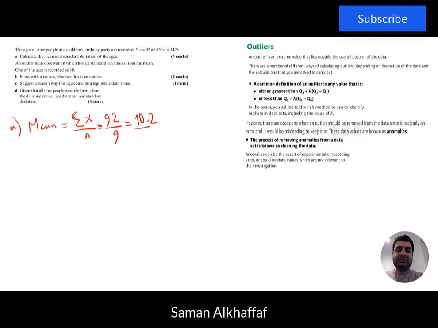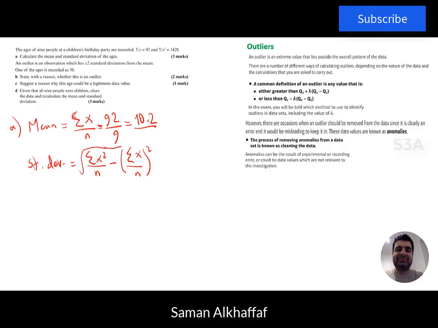To find the standard deviation, that will be the root of the summation of x squared over n, taken away from the summation of x over n, all squared, under the square root.